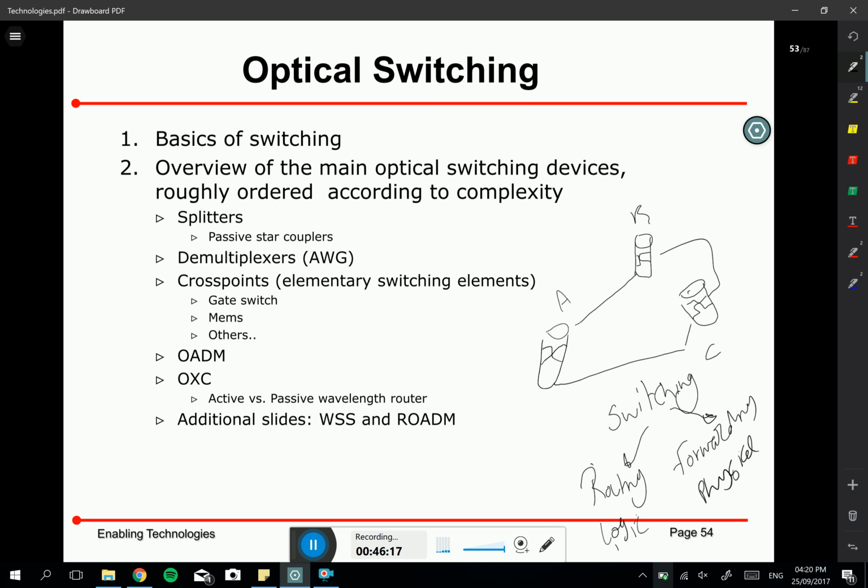But at layer 2, they call it switch. At layer 3, they call it routers. What's the difference? Branding. Marketing. Not really. There's no real specific definition. Anyway, this would be the reasoning behind these words: switching, routing, and forwarding.